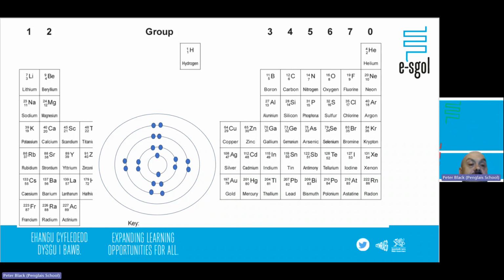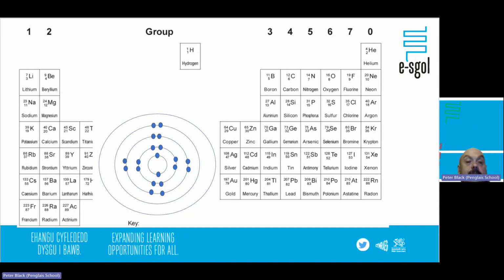If we look at this outer shell here, remember the outer shell doesn't have to be full, and neither does this inner shell. We can see there are 2 outer electrons. So that tells me that calcium must be in group 2. And it is. That's really important: the group directly relates to the number of outer electrons.